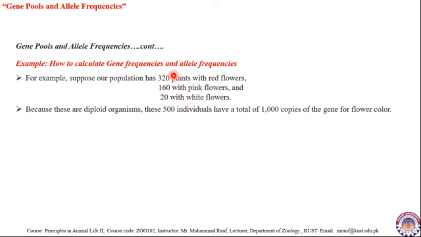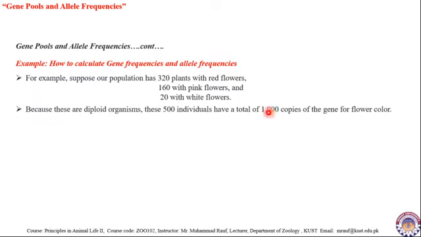So when you sum up these numbers, it is equal to 500. So we have a total of 500 plants in that population, and these 500 plants have that gene for determining the flower color, and because the gene exists in pair form, we will multiply this 500 with 2 and we will get 1000.